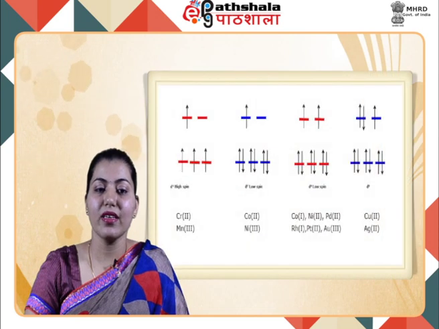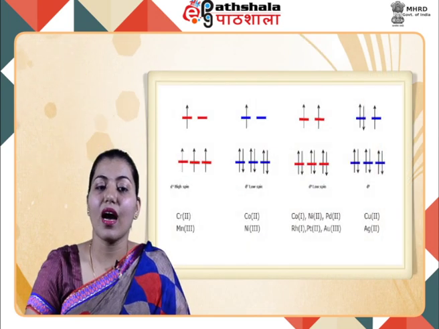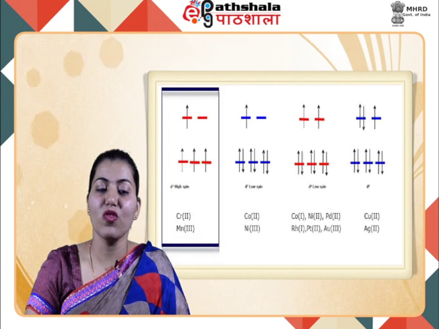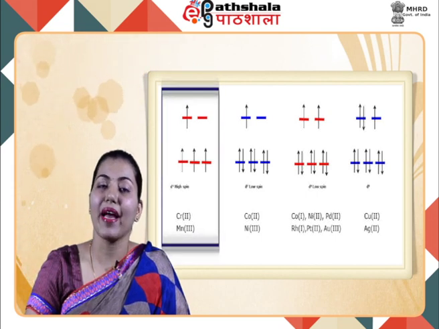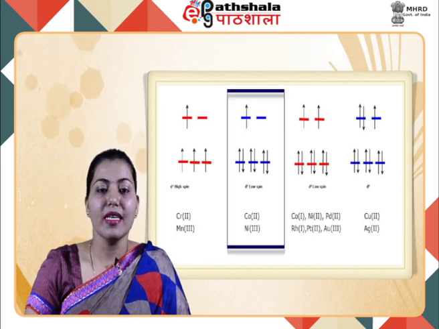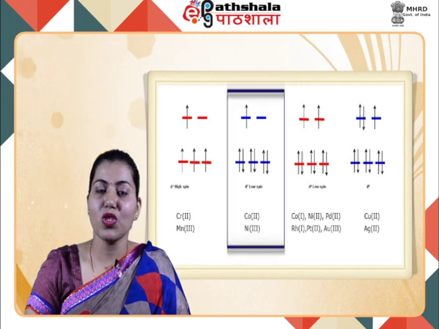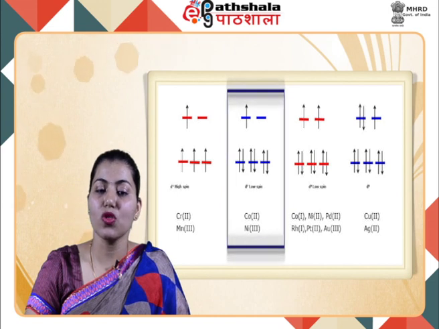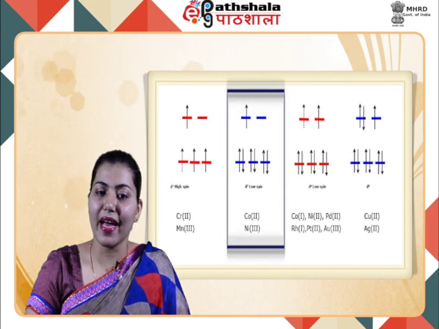The distortions in the case of octahedral complexes are also called tetragonal distortions. It can be seen in the figure that we have a high spin d4 case, which is possessed by chromium 2+ as well as manganese 3+ ions, and a d7 low spin case, which is possessed by cobalt 2+ and nickel 3+ ions.